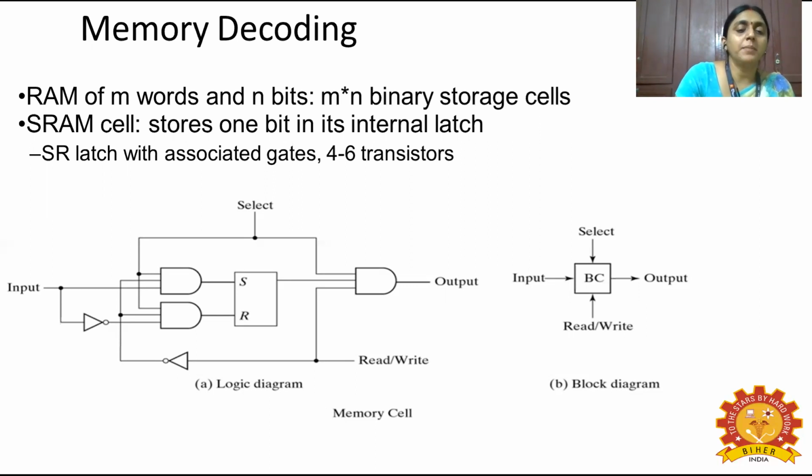Here the logic diagram of the memory cell is given, where we have the SR latch with AND gates, and the read and write operations are done by enabling the select line. The block diagram on the right side shows the read/write operation, the select signal and the input signal, thus giving the output signal.